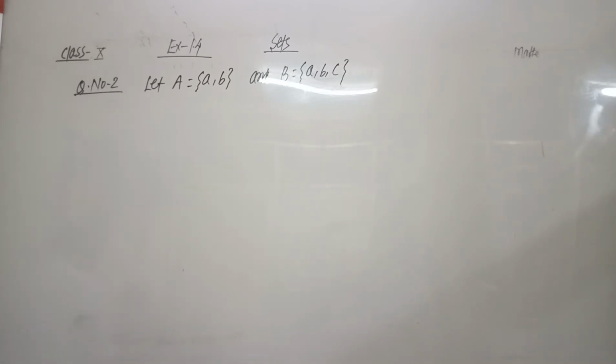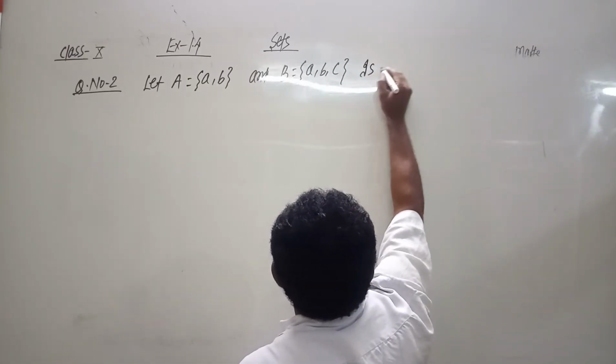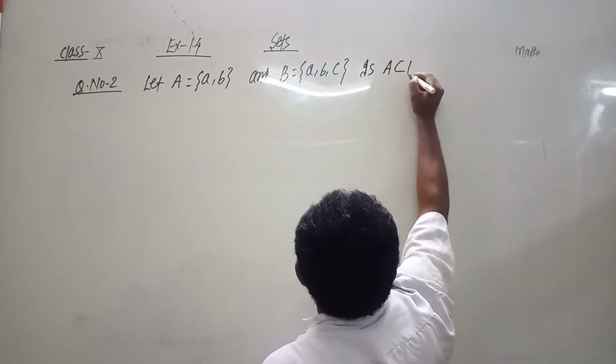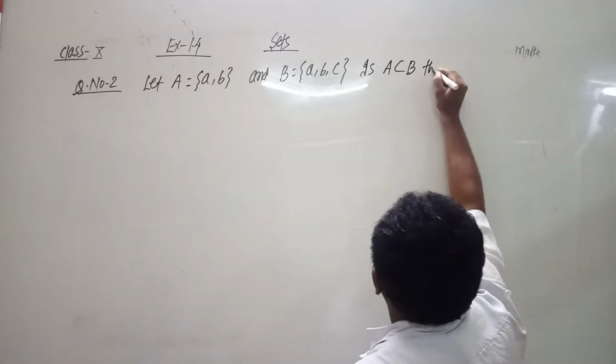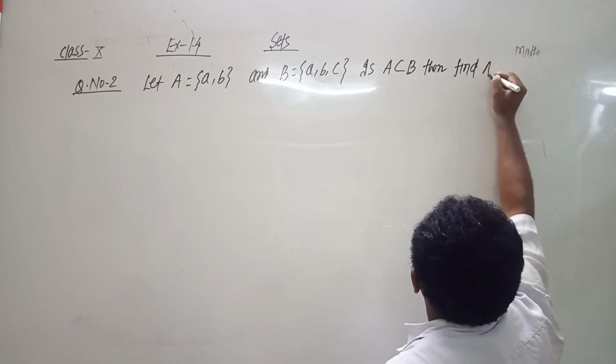Is A a subset of B? Firstly, we have to find whether A is a subset of B. Then find A union B.